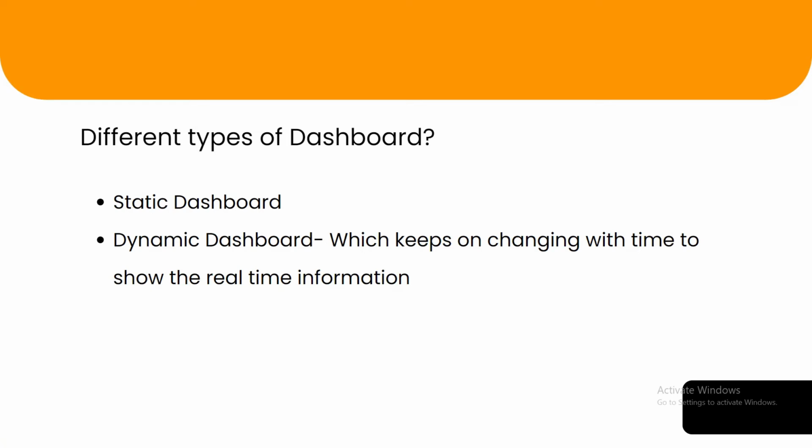Now what are dynamic dashboards? They keep changing from time to time to show real time information. Whenever in the backend some amount of data is added or subtracted from the table, those metrics will change to show you the real time data, what all activities are going on, right?